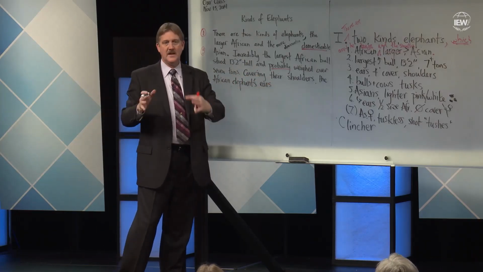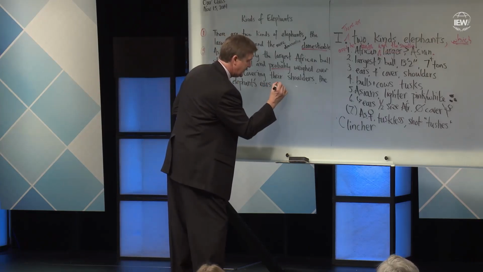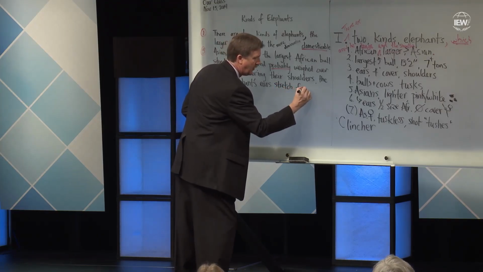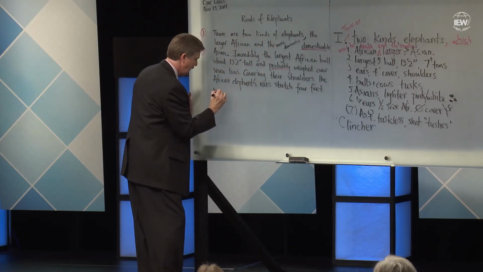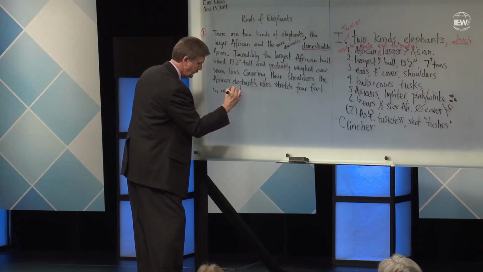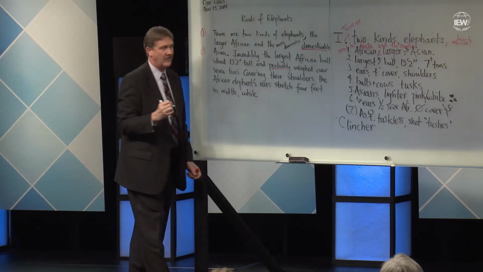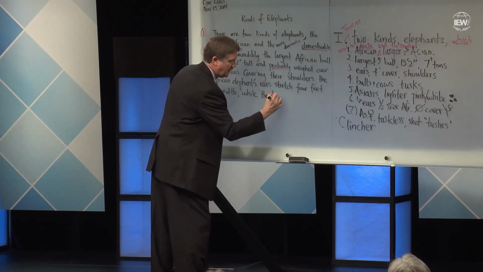Okay. Let's think. Span. Stretch. That'd be a strong verb. Okay. Span. Stretch. 4 feet in width. This is going to be while the Asian elephants are only half that size.